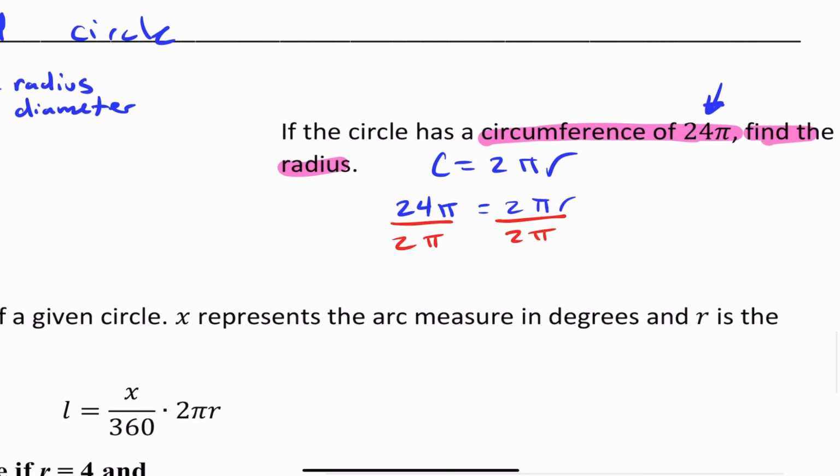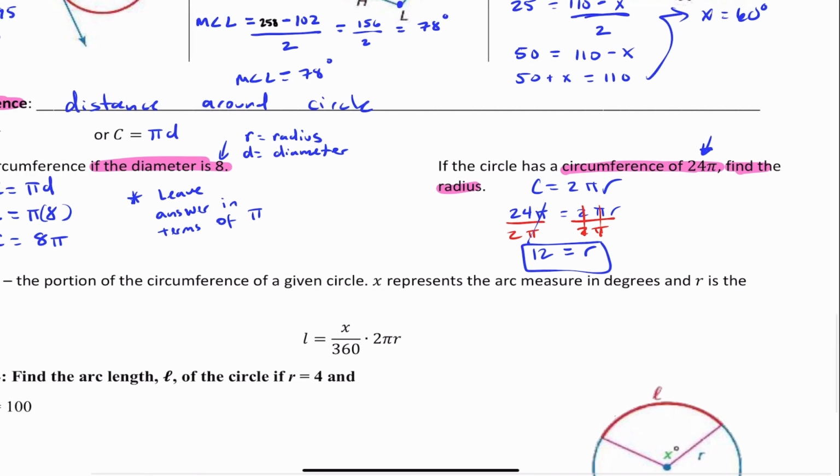So these will go away, and I'm left with r on the right-hand side of the equal sign. Now, on the left-hand side of the equal sign, I can see that the 2 pi's can cancel, and I'm left with 24 over 2, which is just 12. So your radius is 12. This example here is basically working backwards.